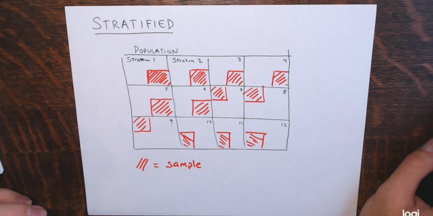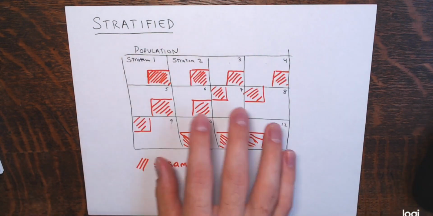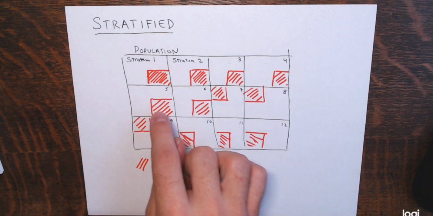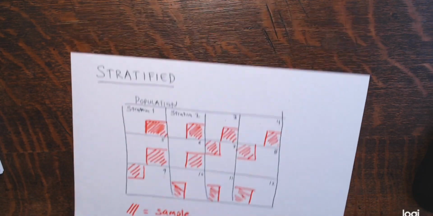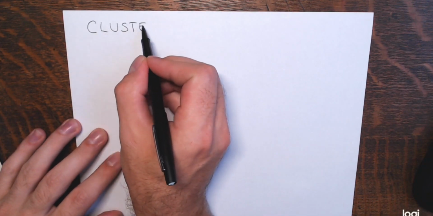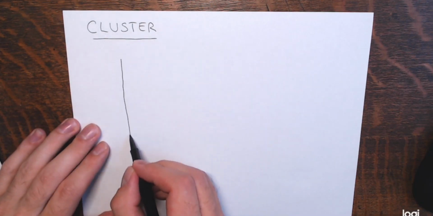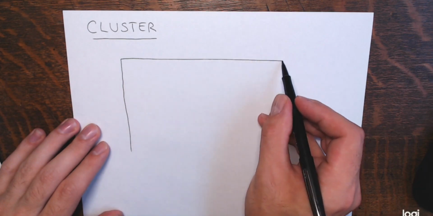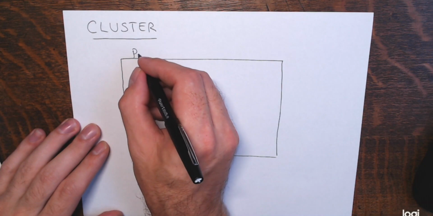All right, so back on my paper again, this was stratified. You break it up into groups and take about the same proportion at random from each group, from each stratum. But in cluster sampling, we've got the same kind of picture. So once again, suppose this big rectangle I'm drawing represents the entire population.